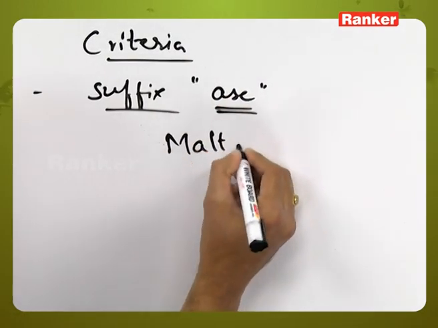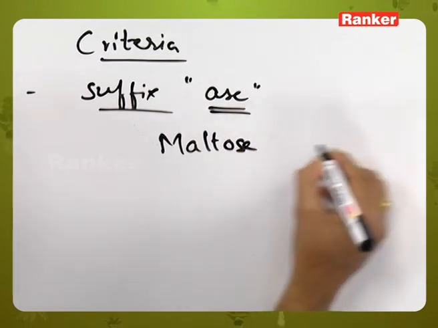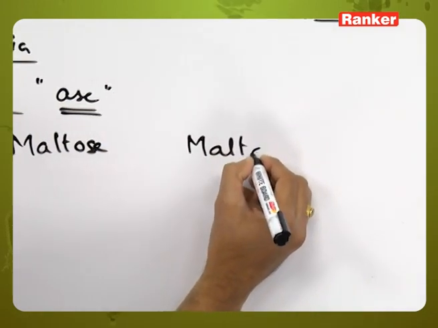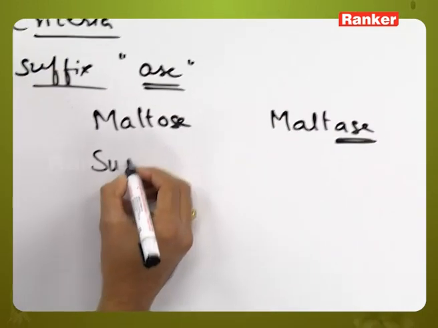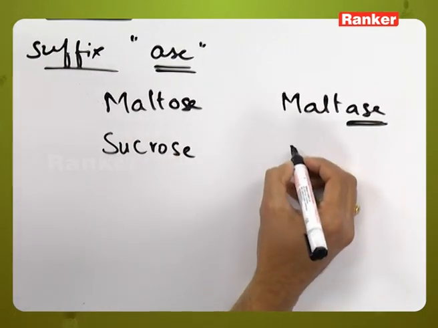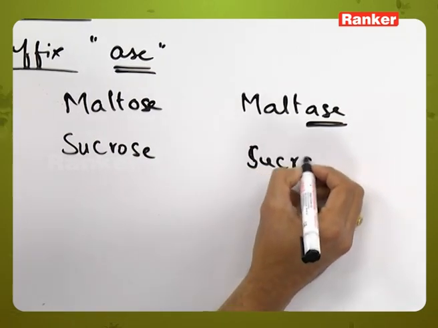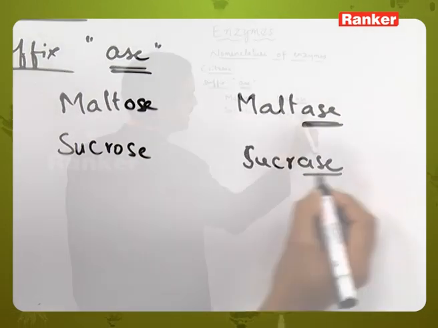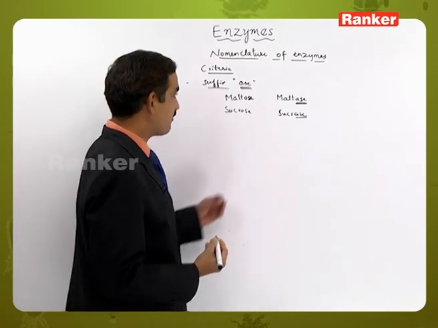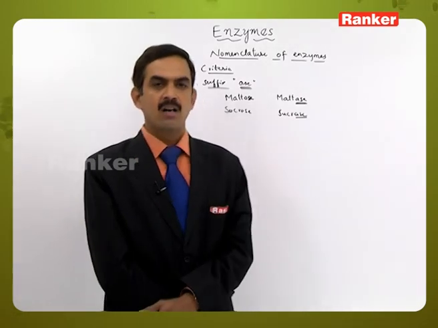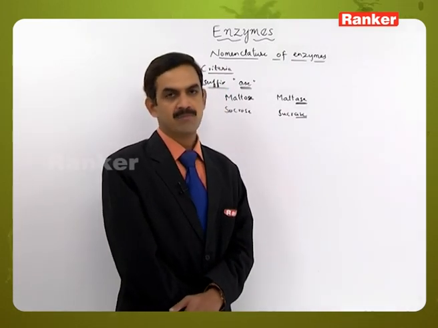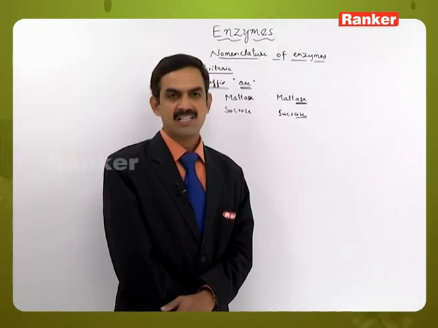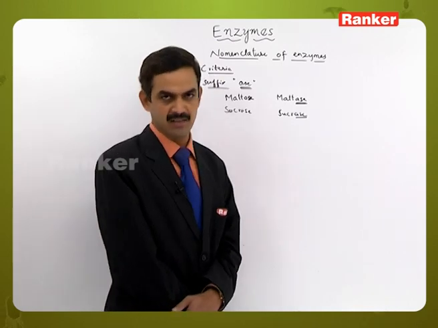If it is acting on a maltose compound, the name of that enzyme is maltase, that is, it is ending with "ase". If it is acting on a sucrose molecule, the enzyme is called sucrase. Likewise, every enzyme is named by adding "ase" as a suffix to the name of the compound or the substrate on which the enzyme is acting.